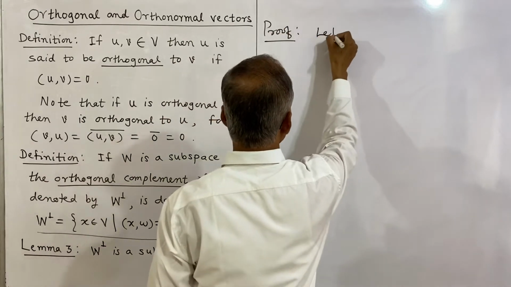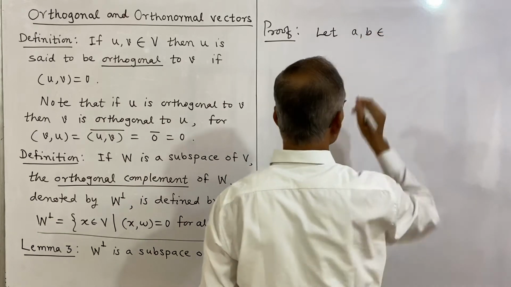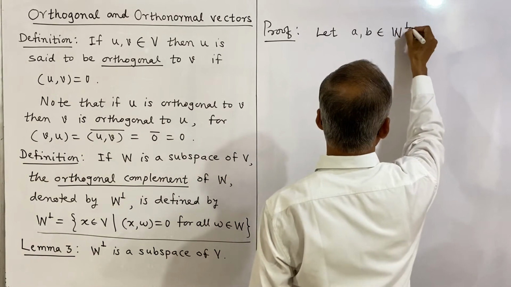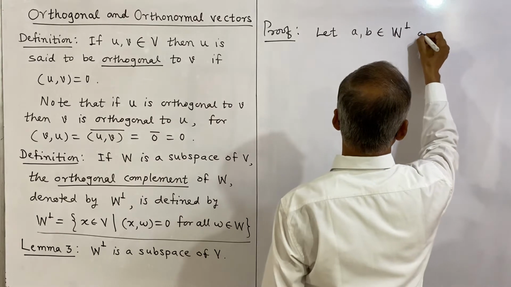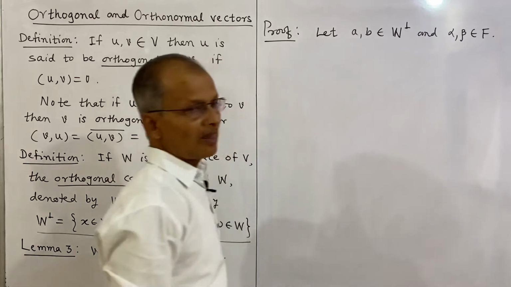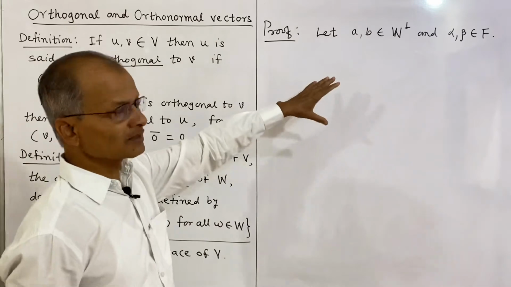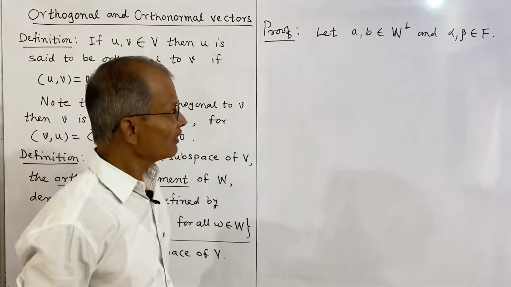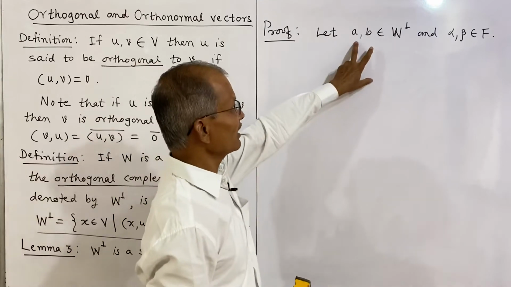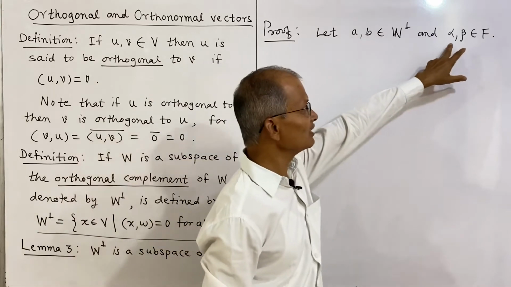Let us take two vectors in this orthogonal complement of W, and let the vectors be A and B. Let A, B belong to the orthogonal complement of W, and we take alpha, beta as scalars, that means they belong to F. To prove this is a subspace, as we have studied earlier, we have to take any two vectors in that set and take their linear combination with these scalars.